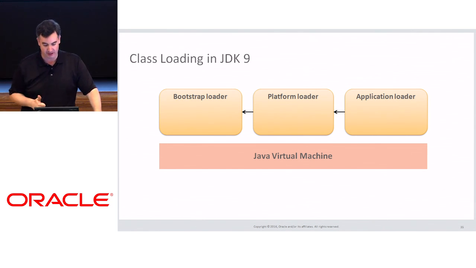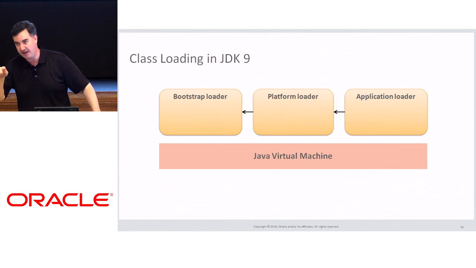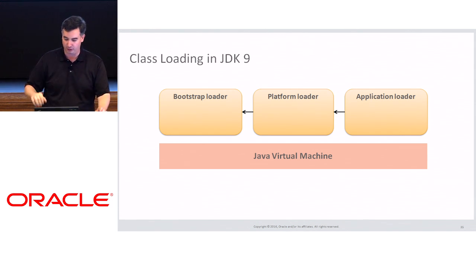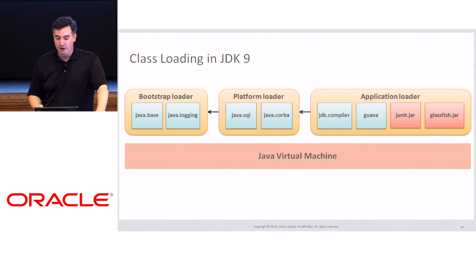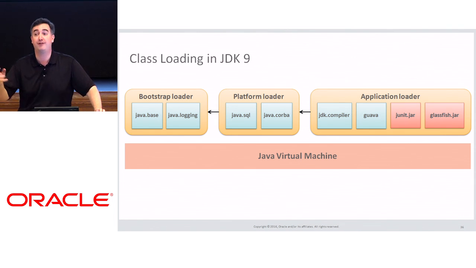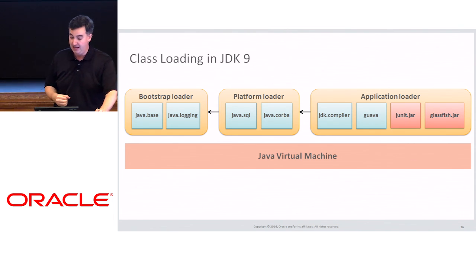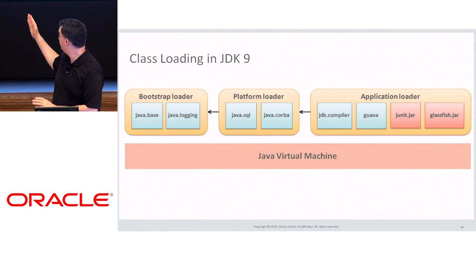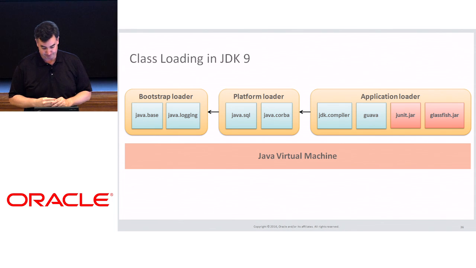There is a bootstrap loader. There is a platform loader, renamed from extension. And there is the application loader, some people call system, not me. Traditionally, the vast majority of JDK classes were defined by the bootstrap loader. And indeed, critical JDK modules, such as java.base, still have their classes defined by the bootstrap loader.